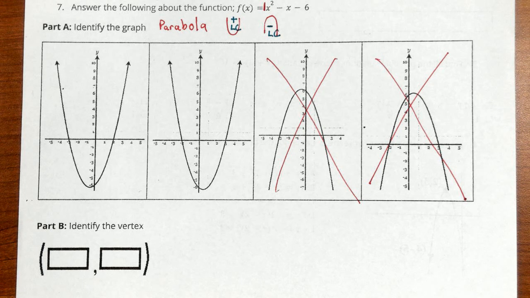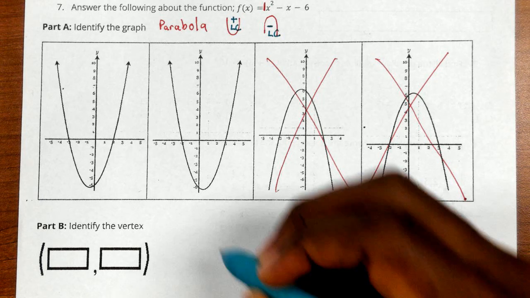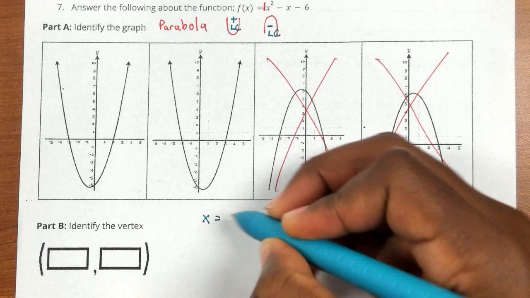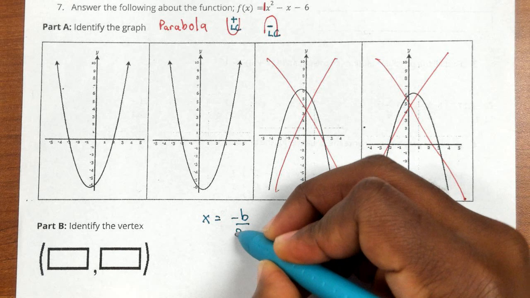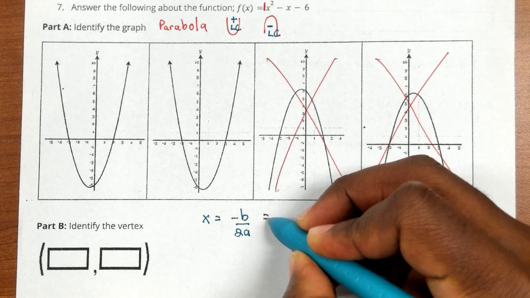There are multiple ways that you could figure out which one of these would represent your answer. One of the easiest ways we're going to use is by trying to find the vertex. When you're trying to find the vertex, guys, we can use the formula for the vertex, which is x equals negative b over 2a, then plug it back in.